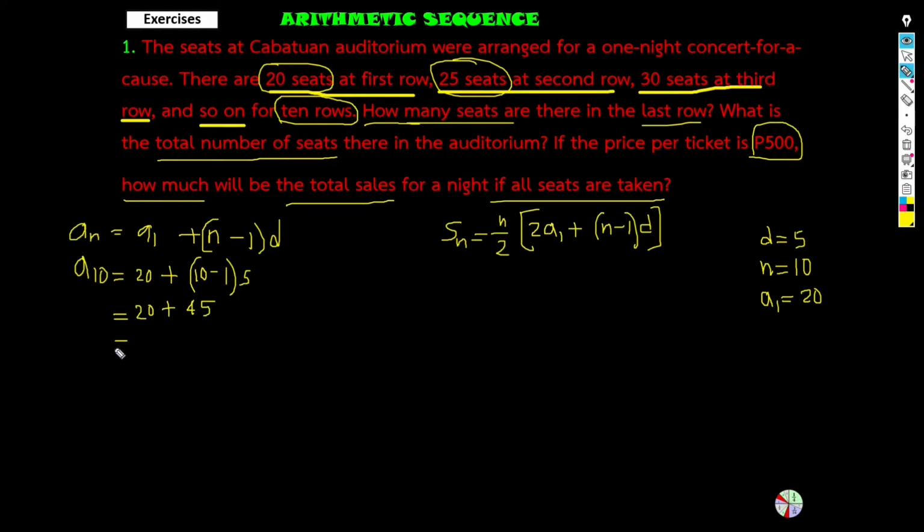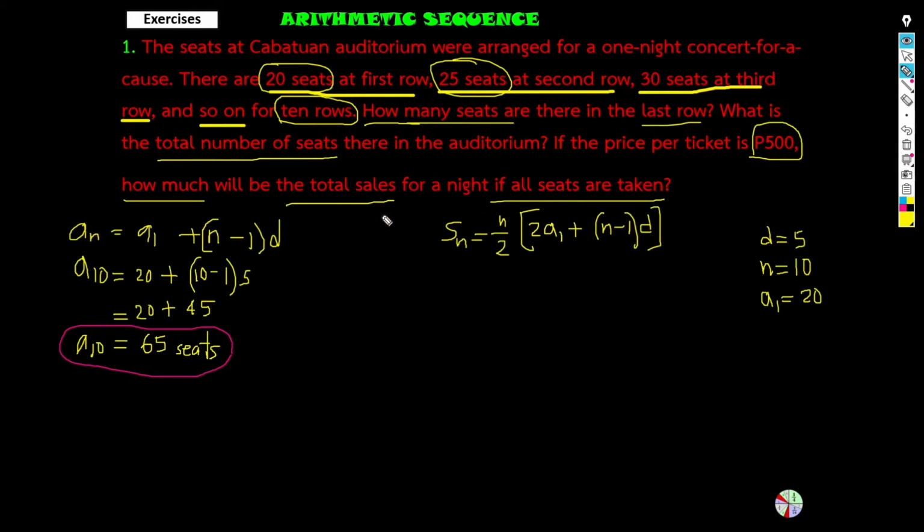Now A sub 10 is equals to 65. So what's the unit here? Seats. There are 65 seats in the last row, specifically the 10th row. This is the answer for the first question.